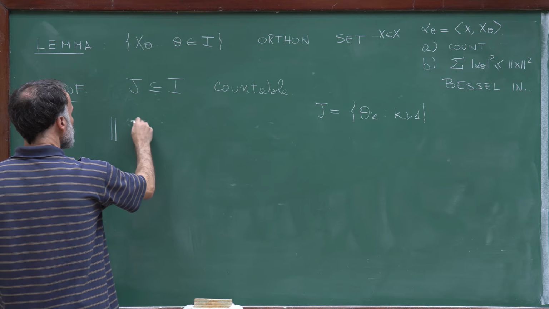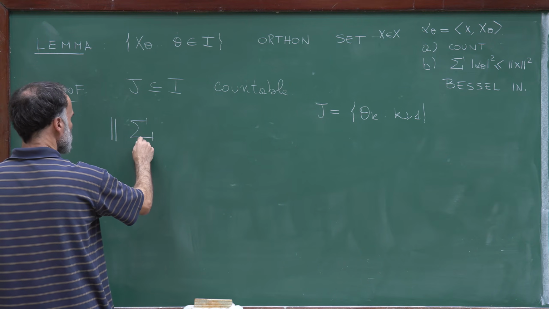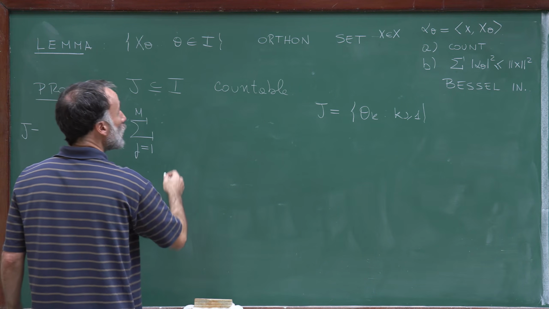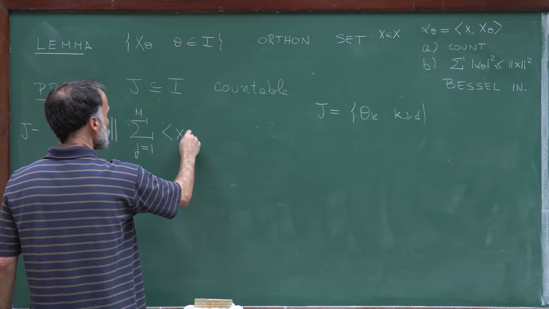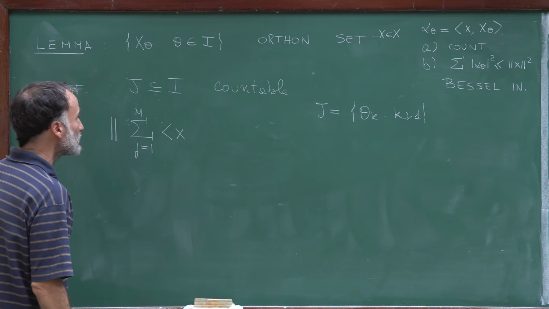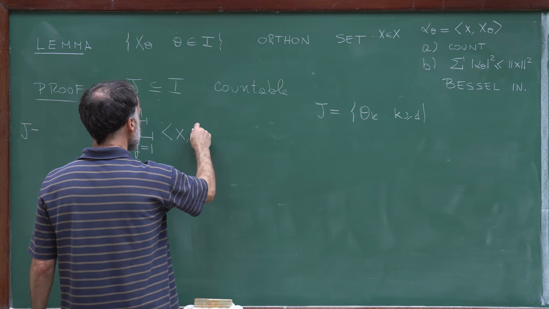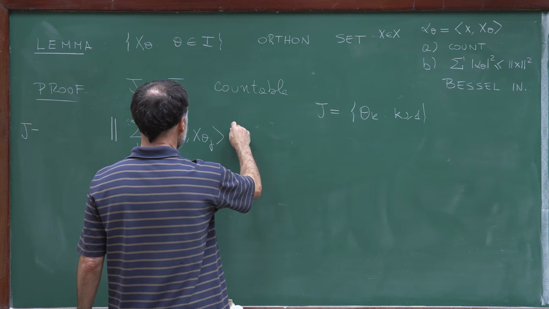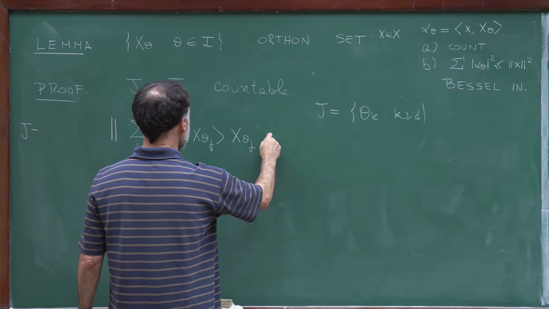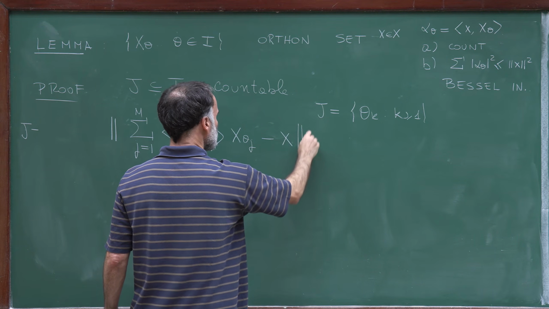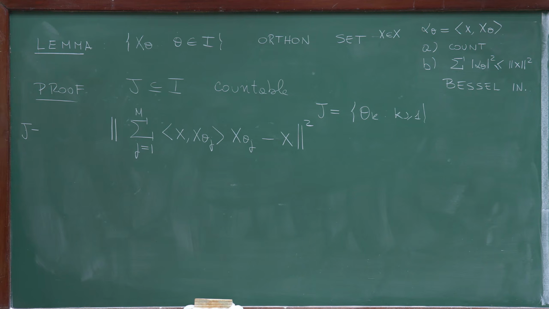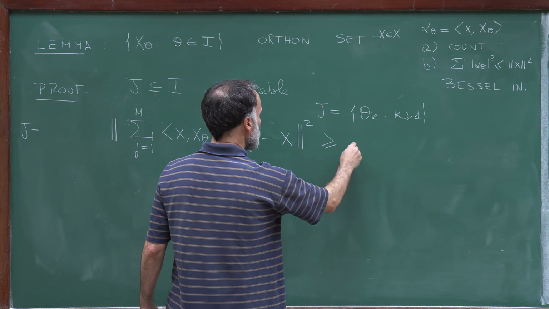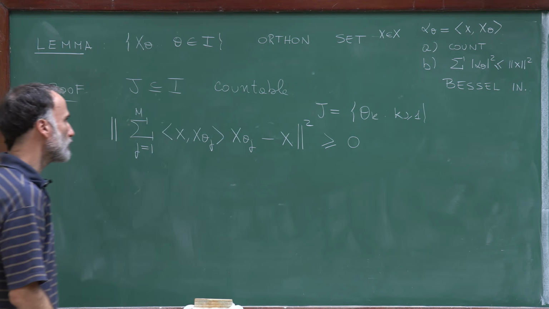And what I want to do is to compare the norm of the sum from 1 to m of alpha theta j x theta j minus x, where alpha theta is the scalar product of x with x theta. I want to compute this norm. So I know that this is non-negative.